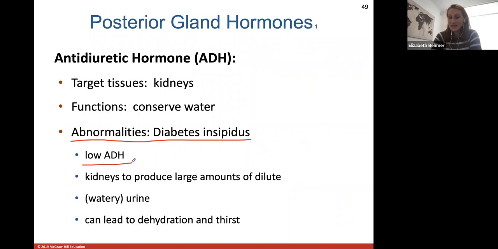So you're basically urinating out all the water instead of retaining some of the water that your body needs, and this can lead to dehydration and thirst. Frequent urination, dehydration, and thirst are also common symptoms of diabetes mellitus, which is type 1 and type 2 and has to do with glucose. We'll talk about that later as well. But that's antidiuretic hormone. Normally it functions to conserve water.